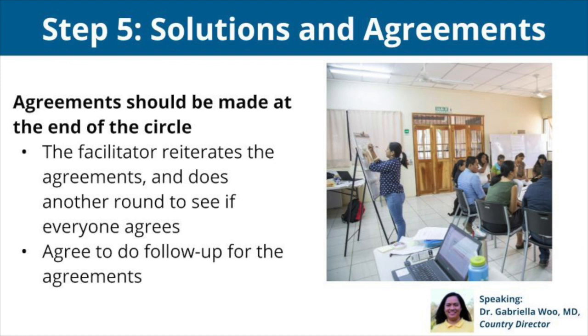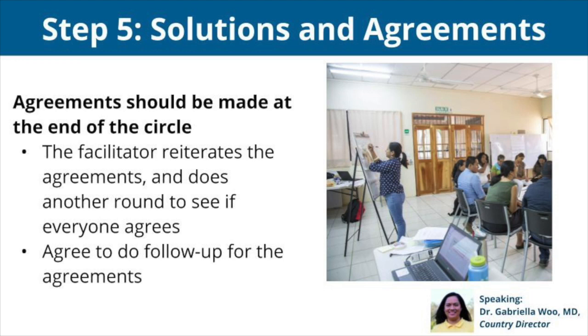Sometimes you need to ask a question again, because you can feel that it is a superficial solution, and you know that you need a deeper solution. So sometimes you need to ask a different question to come up with a solution and agreements. You let people express how the conflict affected them, and then you talk about solutions at the end of the circle.